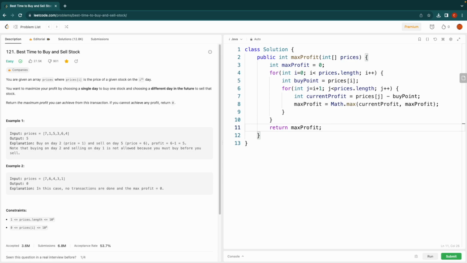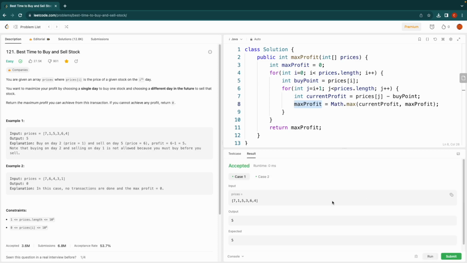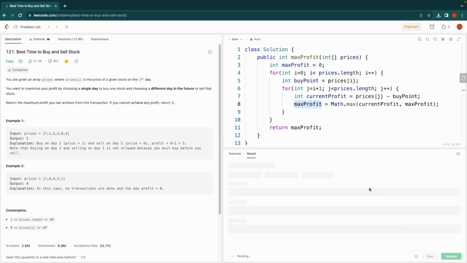So we have a variable max profit which is initialized to 0. At each point i, that is our buy index, we consider the buy point. At each point j, this is our sell point, and we compute the current profit. If the current profit is greater than max profit, we update max profit with that value. Let's run this and see. Okay, let's try to submit.